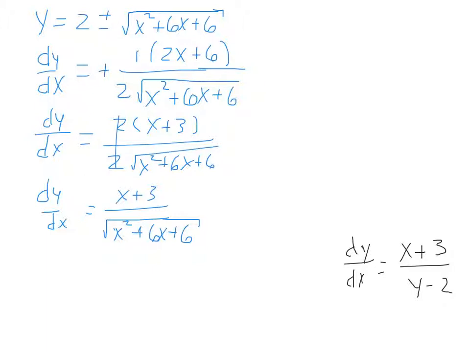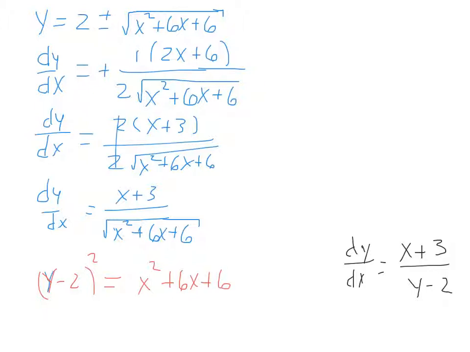However, I do remember something I can take from the previous slide: I should know that y minus 2, the quantity squared, was equal to x squared plus 6x plus 6 after I completed the square.